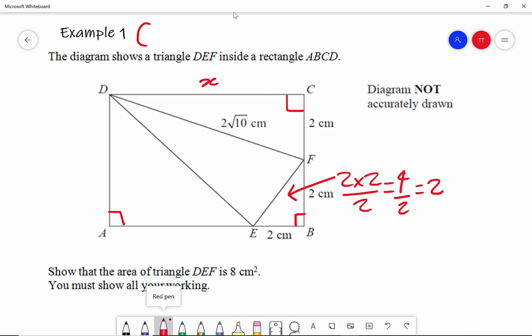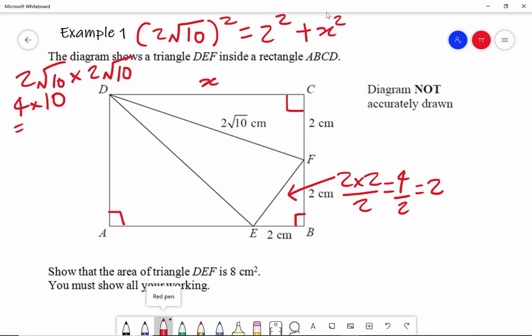So it's going to be 2 root 10 squared, which is the hypotenuse squared, equal to the shorter side 2 squared plus DC squared, which I called x. So let's do 2 root 10 times 2 root 10. 2 times 2 is 4. Root 10 times root 10 is 10. 4 times 10 is 40.